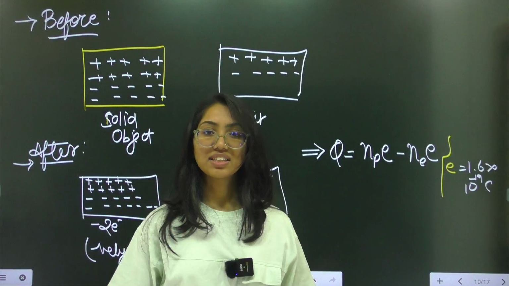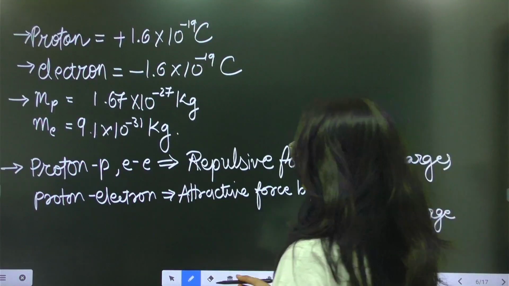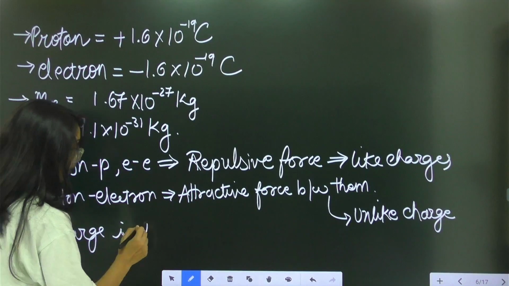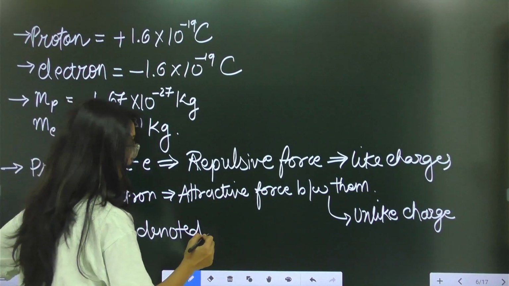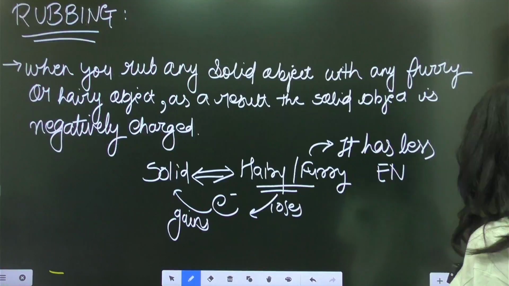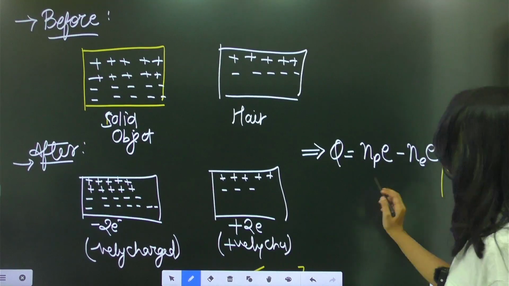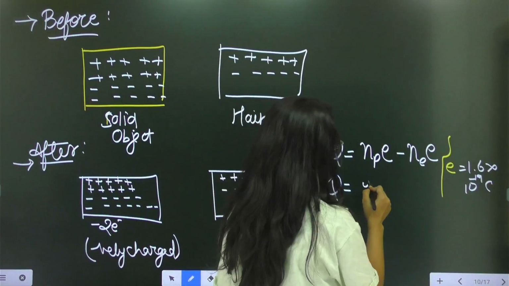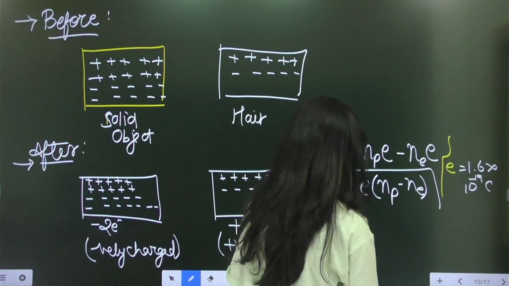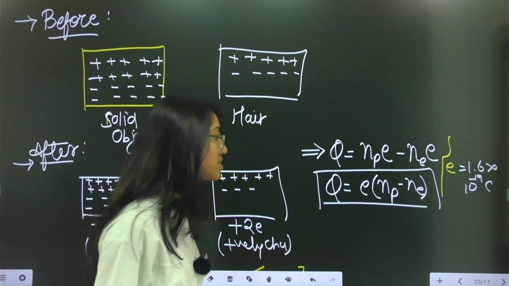Charge is always denoted as capital Q or small q. So this is the formula. If we take e common, then the formula will be like this. And yes, this is really important because it gets asked in most competitive exams.